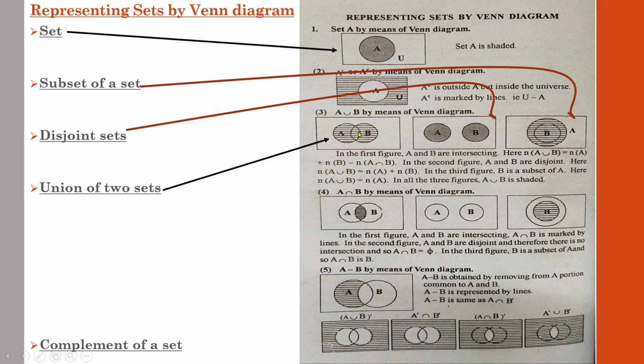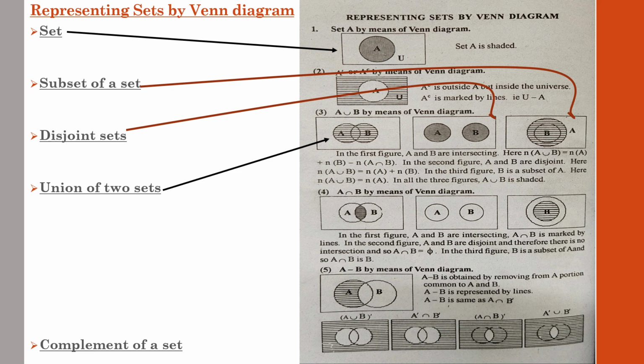we need not include this area to be added twice, because when you take all the items of A, this area is also taken. When you take all the items of B, again this area is also taken. That means this particular area is taken twice. We need not take that area twice.